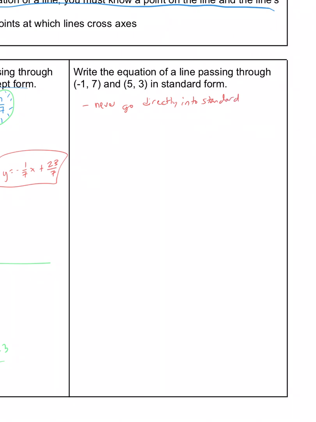In this problem, it would be possible to, but it would be kind of painful to do so. There are certain situations in which you're given information that you wouldn't be able to. But basically what you want to do here is instead start with slope-intercept, then change to standard.